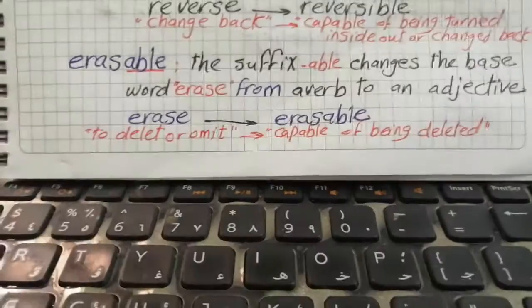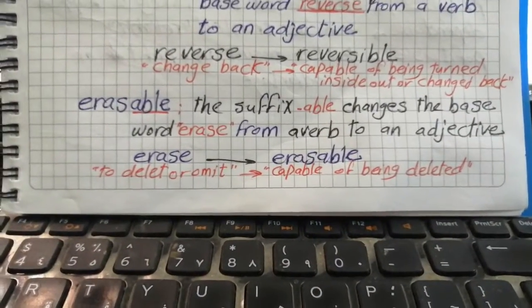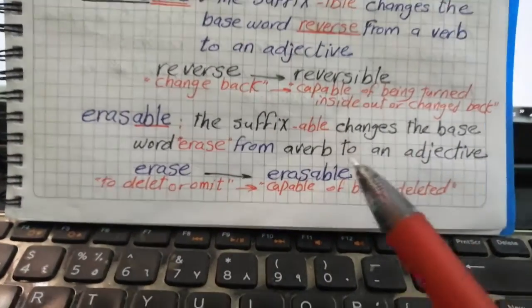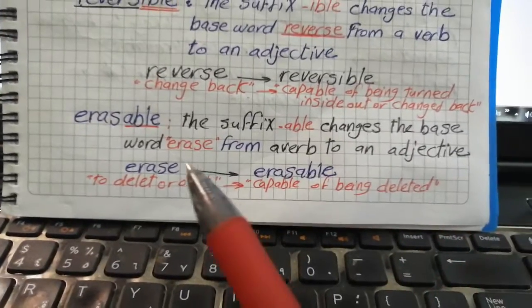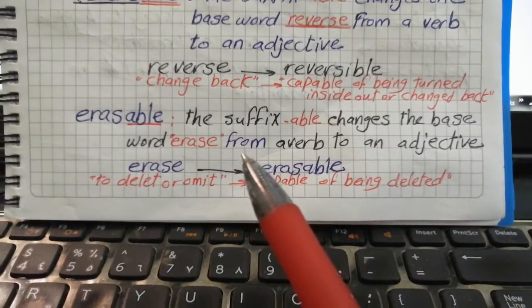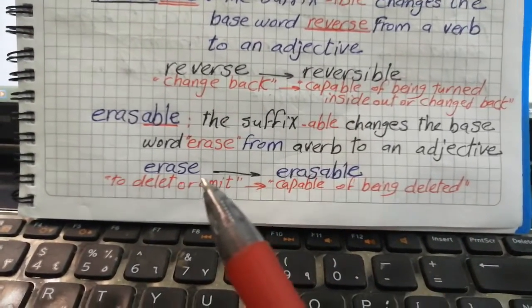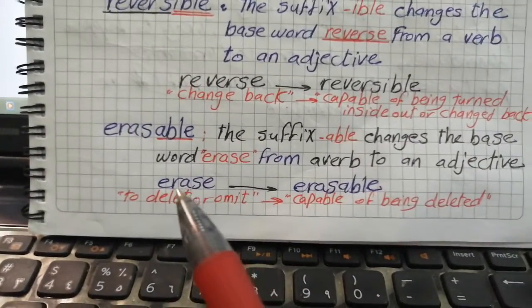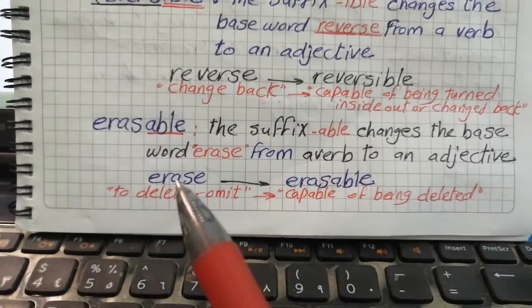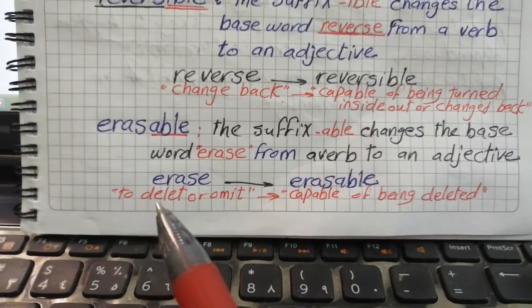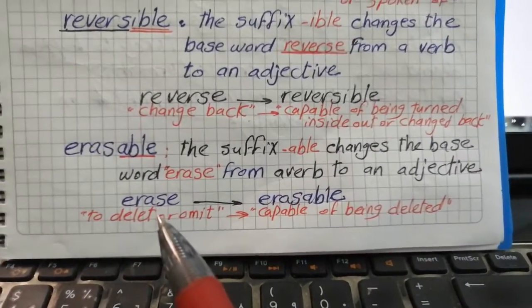Another word is erasable. So the suffix ABLE changes the base word erase from a verb to an adjective. Also, we have a spelling change. In the word erase, this is the base word, and as a verb it means to delete or omit.